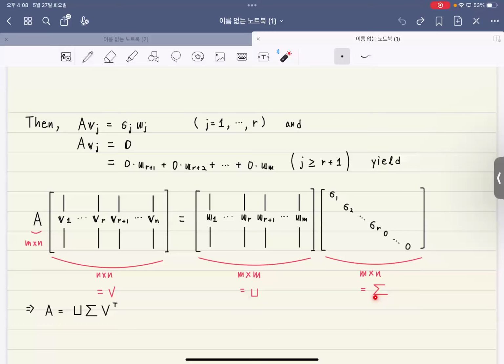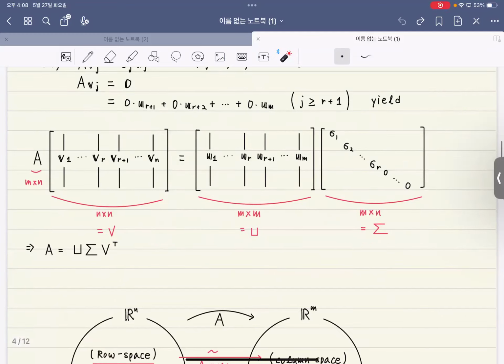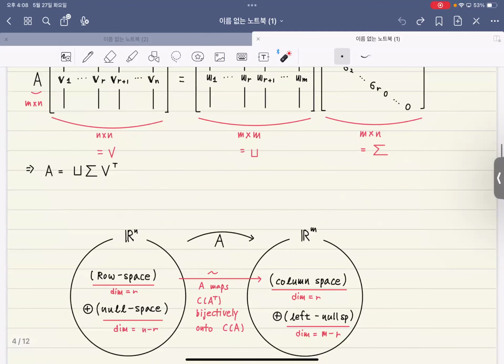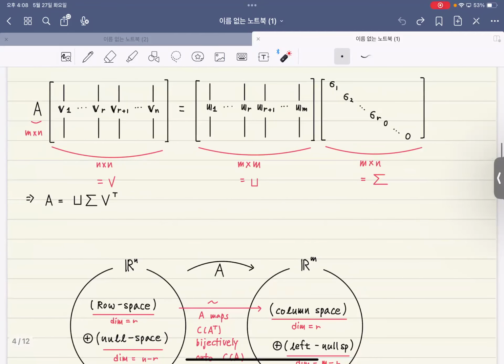Okay. And multiplying both sides by V transpose, I have A is U times sigma times V transpose. Okay, good. So this proves the theorem of the singular value decomposition.